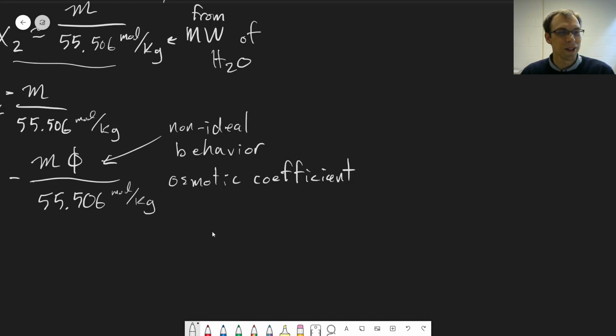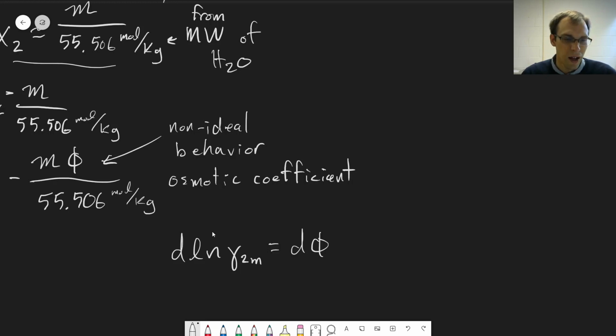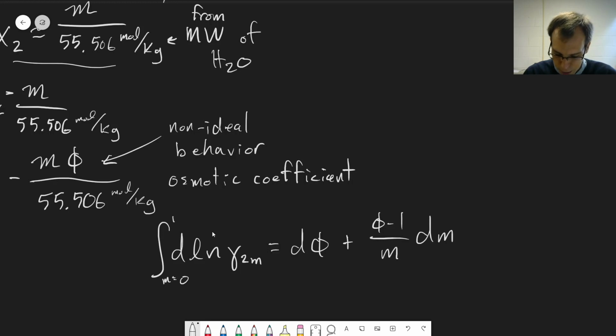So I'll just write down the final equation that we get: d log of the activity coefficient in terms of molality is equal to d phi, where phi is the osmotic coefficient, plus phi minus 1 over the molality, d molality. Okay, and so then we have to integrate this. So we integrate from m equals 0 up to some arbitrary value of the molality on both sides.